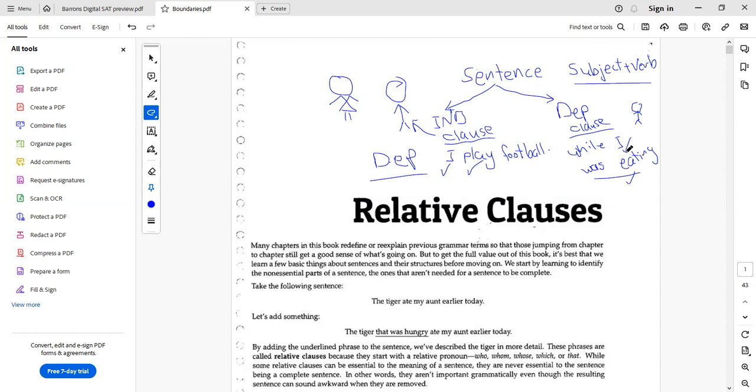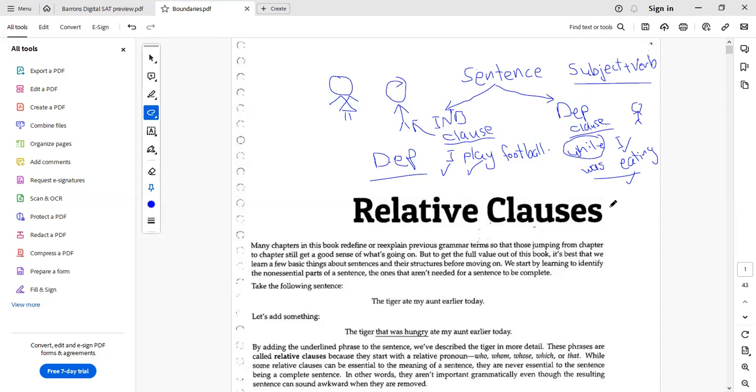What happened? So I must say, while I was eating, the bell rang. Now you understand. So the dependent clause can't stand alone without the independent, but the independent can stand alone. So here the independent is father or mother, the dependent looks like a baby.